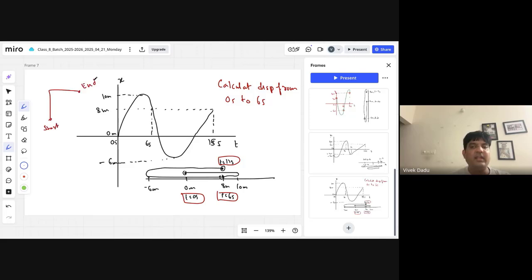Were you really concerned about how he walked, or you were only concerned about start point and end point? Now here, start point and end point are on the straight line.